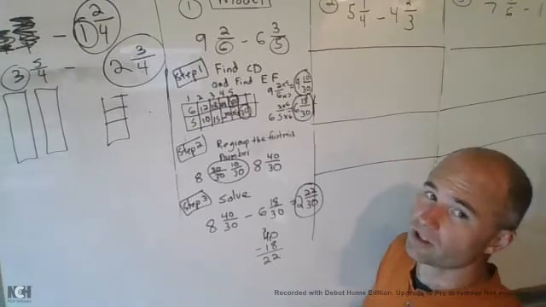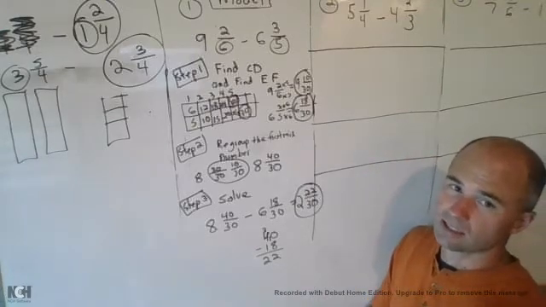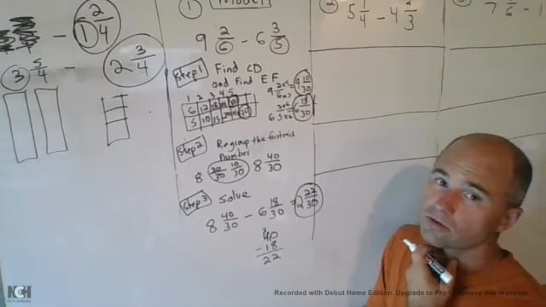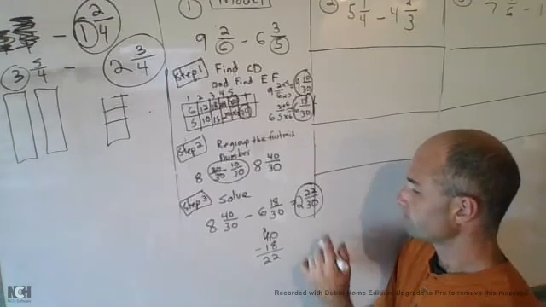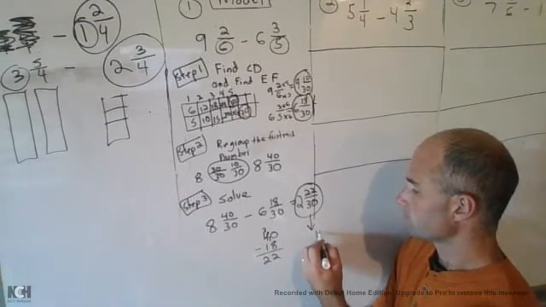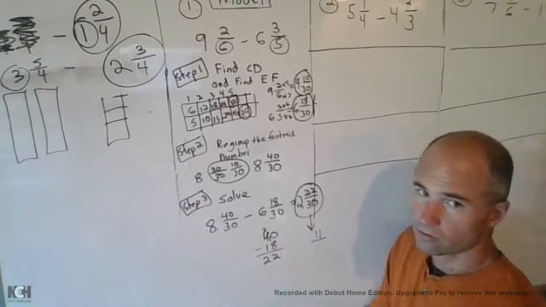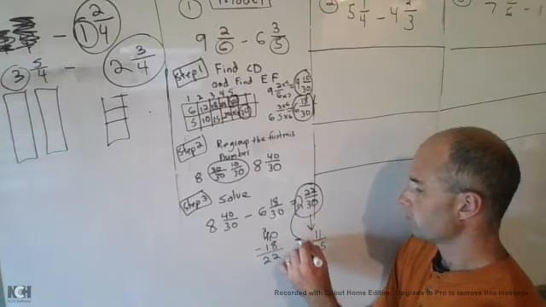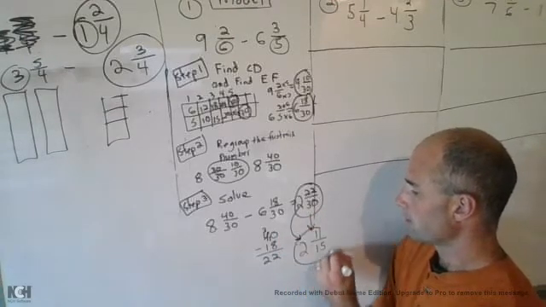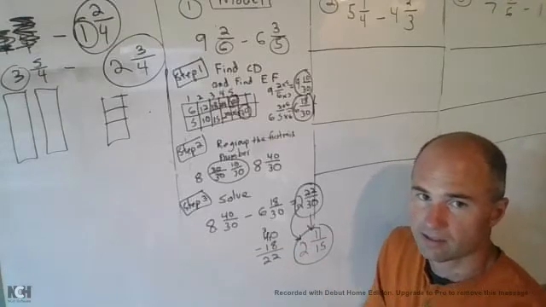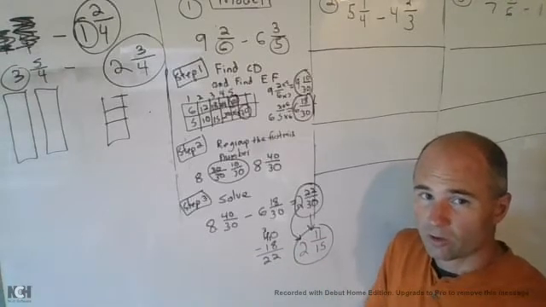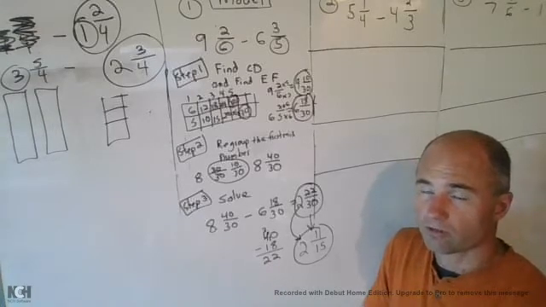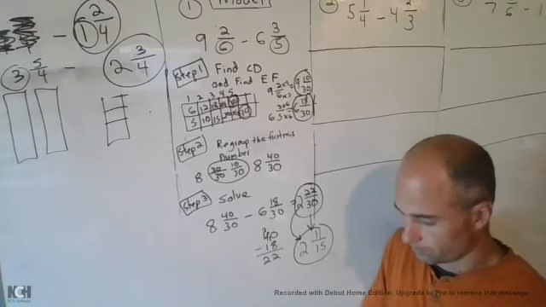Well, they're both even, so let's pick our quickest, easiest number, which is 2. 22 divided by 2 will give you 11. 30 divided by 2 will give you 15. Take the 2, don't forget it. Some people will write the answer of 11/15 and think they're done because they forgot about their whole number, the 2. So 2 and 11/15 would be the reduced mixed number here.